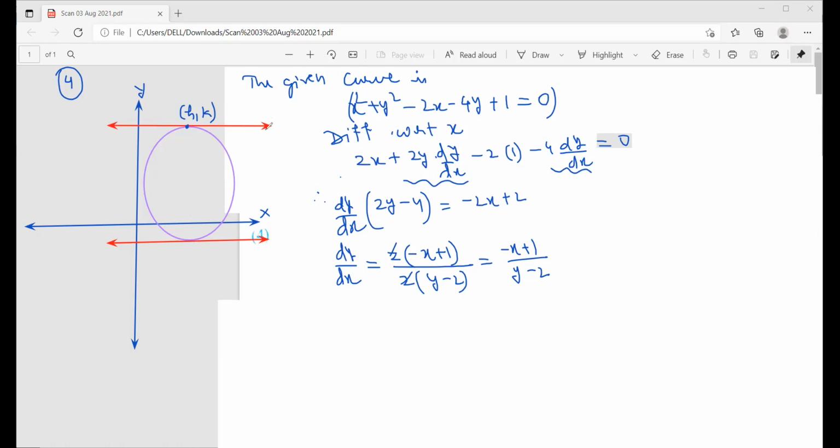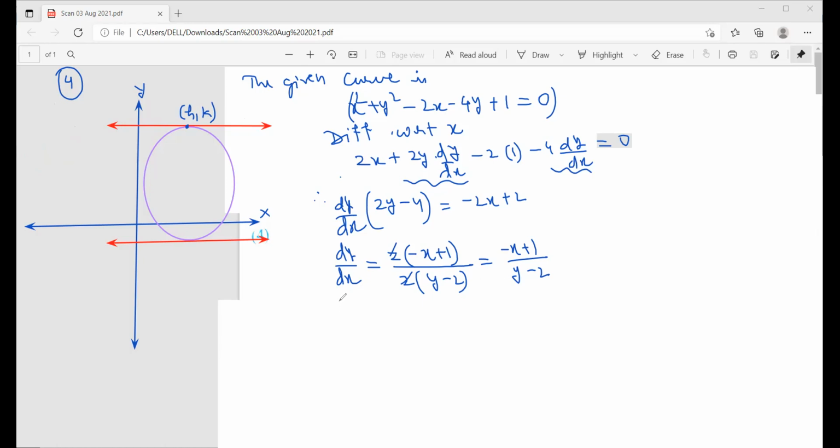See students, any tangent which is parallel to the x-axis will have an equation in the form y equals k. So what is that k? That k is nothing but the y coordinate of a point on the tangent. So that y coordinate you have to get, and that is what I'm planning for. So see here, I got dy by dx.